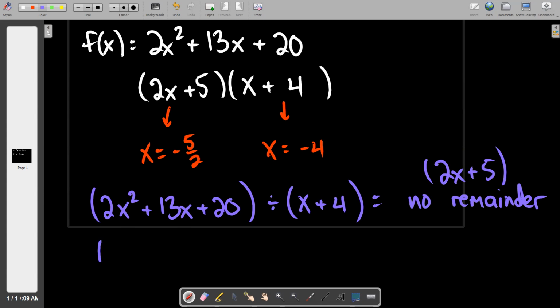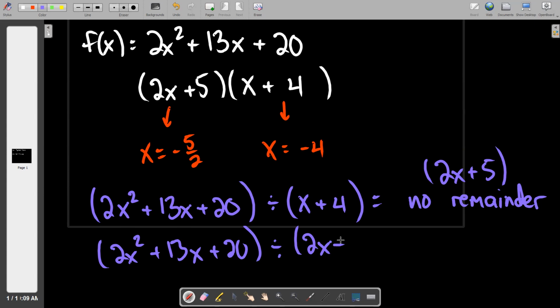Conversely, if we took the original polynomial and divided it by the other factor, we also would not get a remainder. What would the quotient be? X plus 4, right? I understand there's a lot going on here.